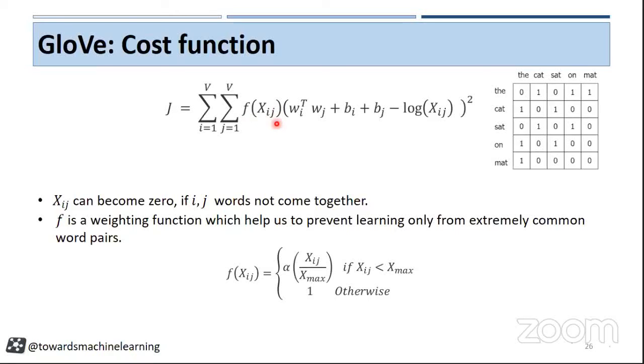This f of x_ij helps them reduce the problem of extremely common word pairs. Some pairs like the, and, on occur more frequently in our data sets than words like apple, fruit, mat, cat, sat. They try to eliminate that problem with this new function, which is the weighted sum of our mean square errors.